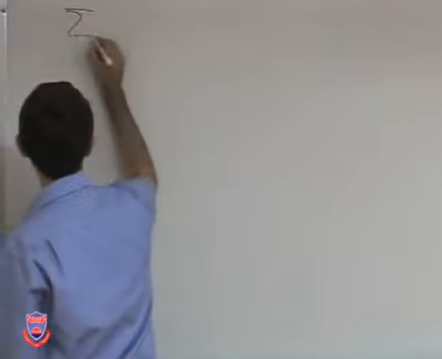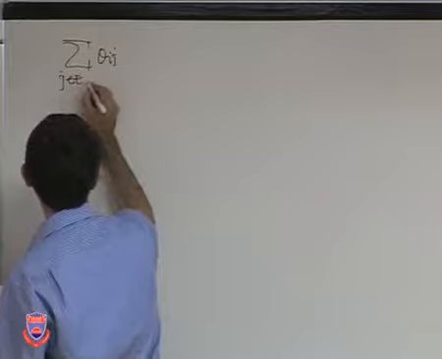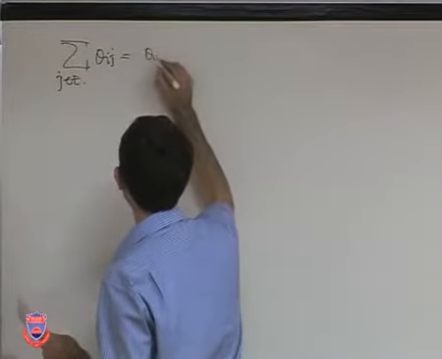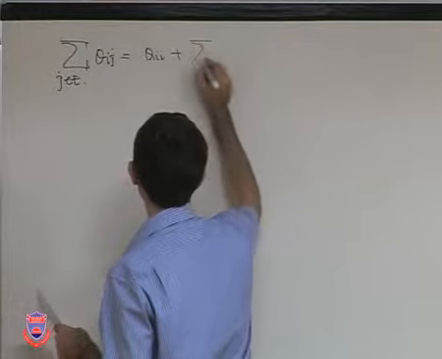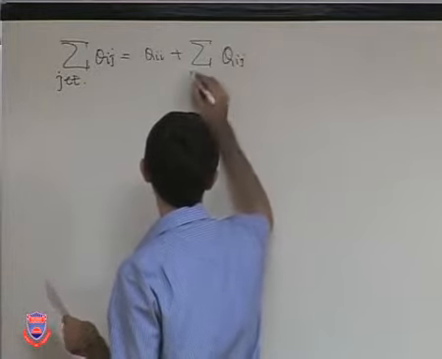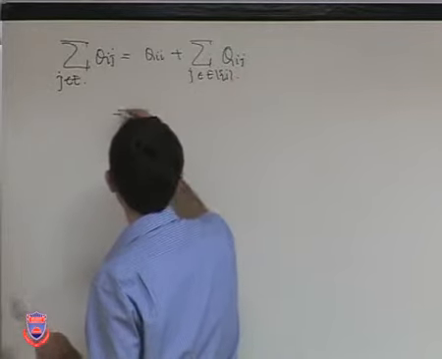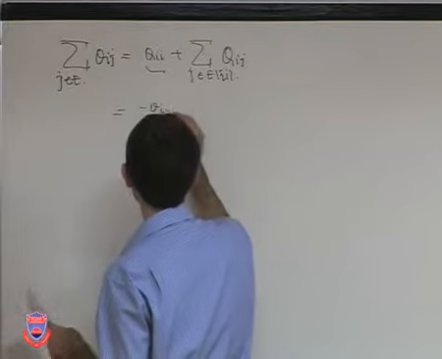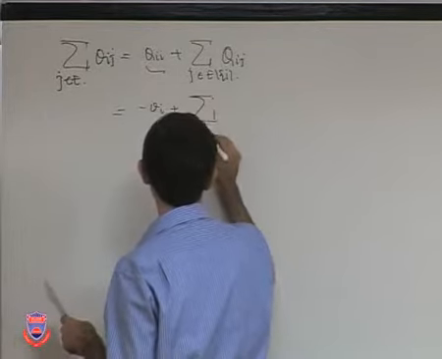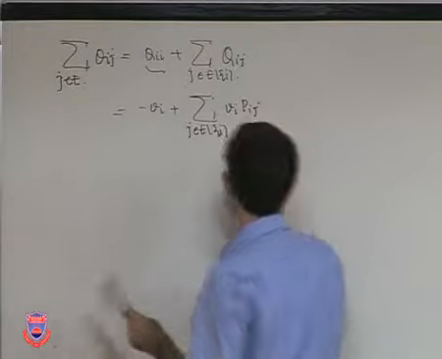So that's going to be useful. If you sum Q_ij over j wandering in the state space, look at Q_ii and the sum of the rest separately, j being different than i. We know that Q_ii is minus v_i, and here we have v_i times P_ij.